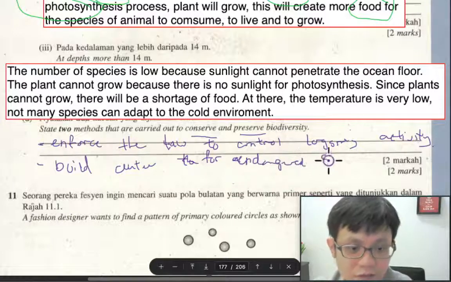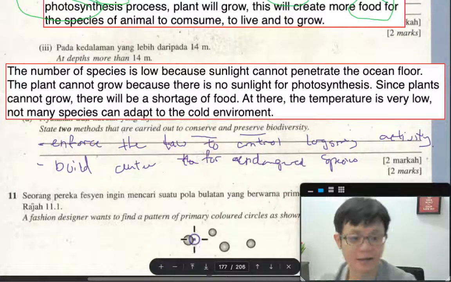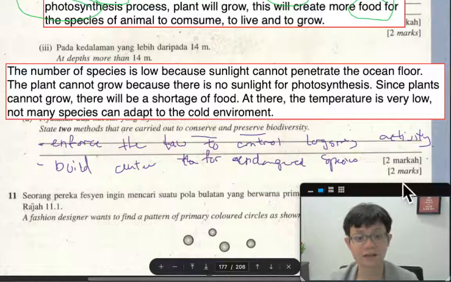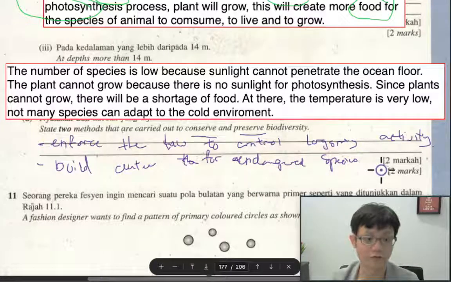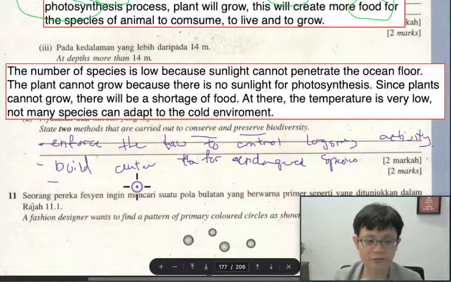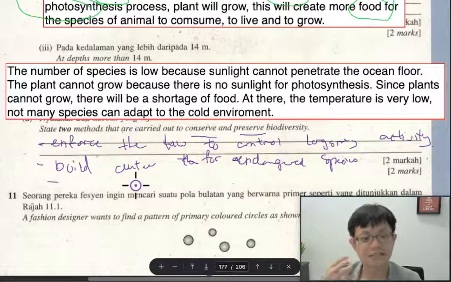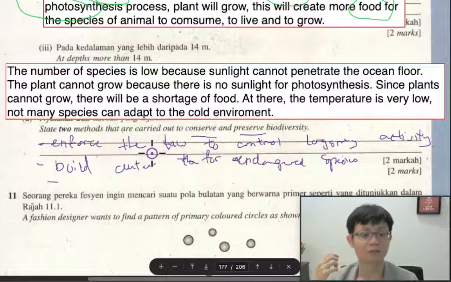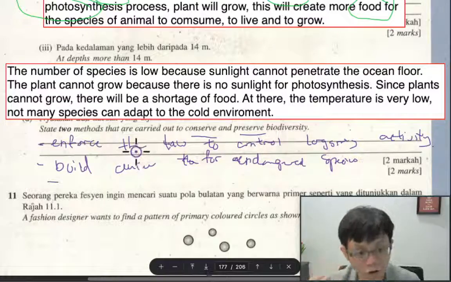If you want to put more, you can put like panda and so on, the endangered species of animal. But if you say no pollution, no pollution is very abstract, means it is not clear, like how do you want to solve this problem? No pollution, but how do you stop pollution?